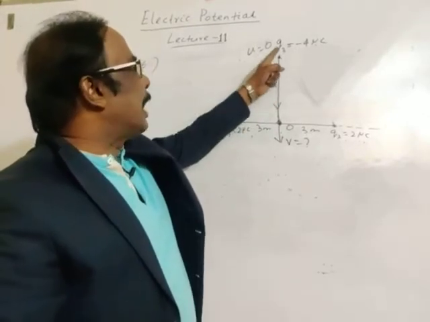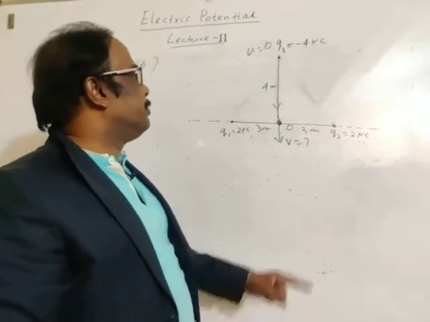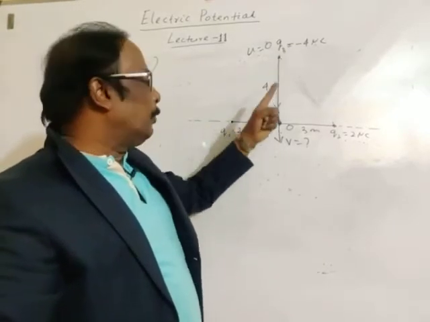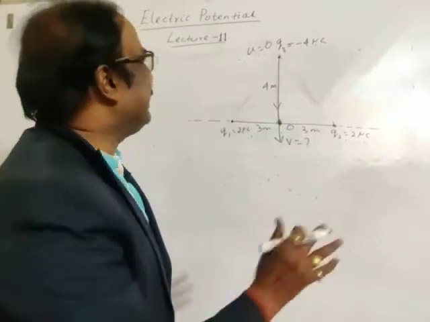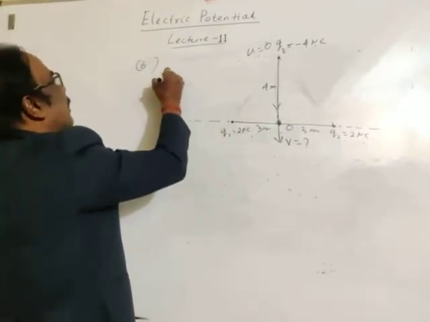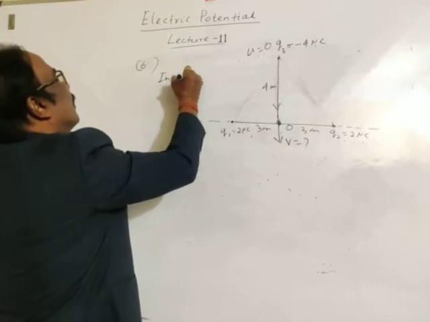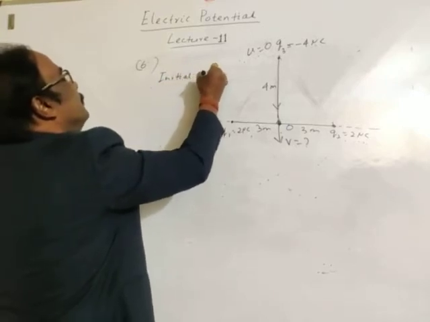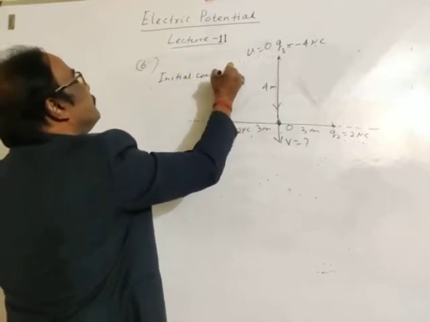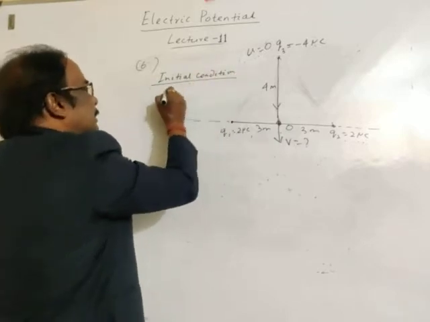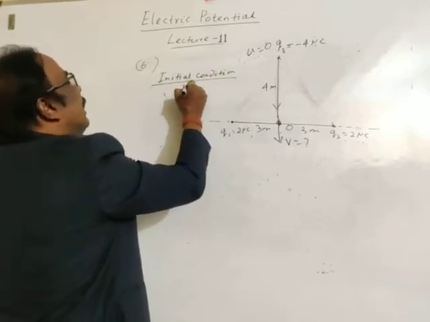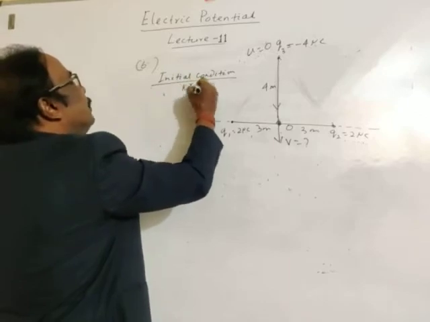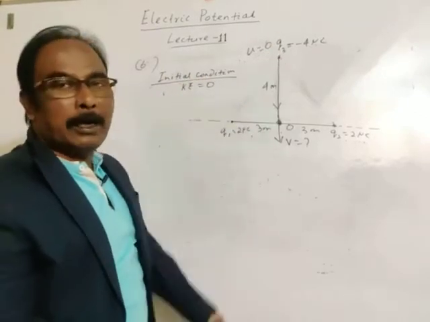If the charge is released from rest from this position, what will be its velocity when it reaches the origin? See, initial condition: at the initial condition, kinetic energy is 0 because this charge is at rest.